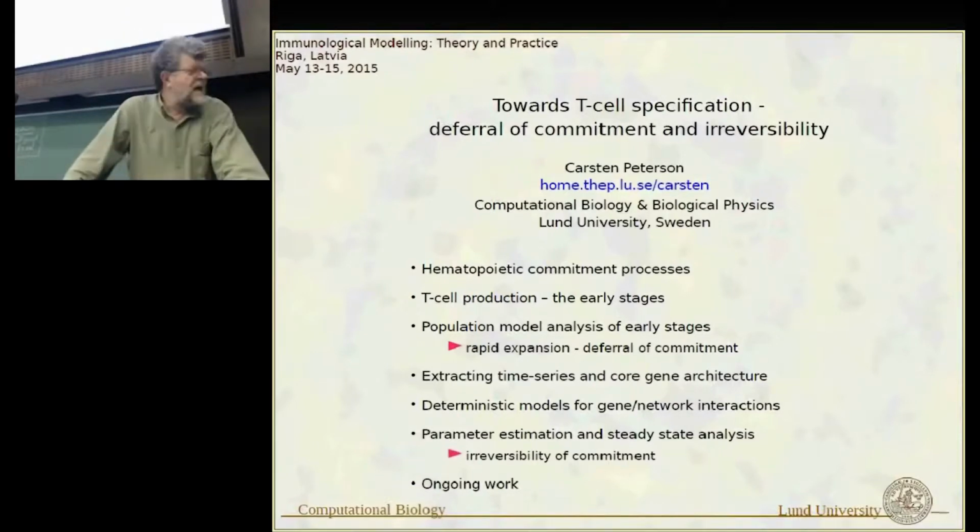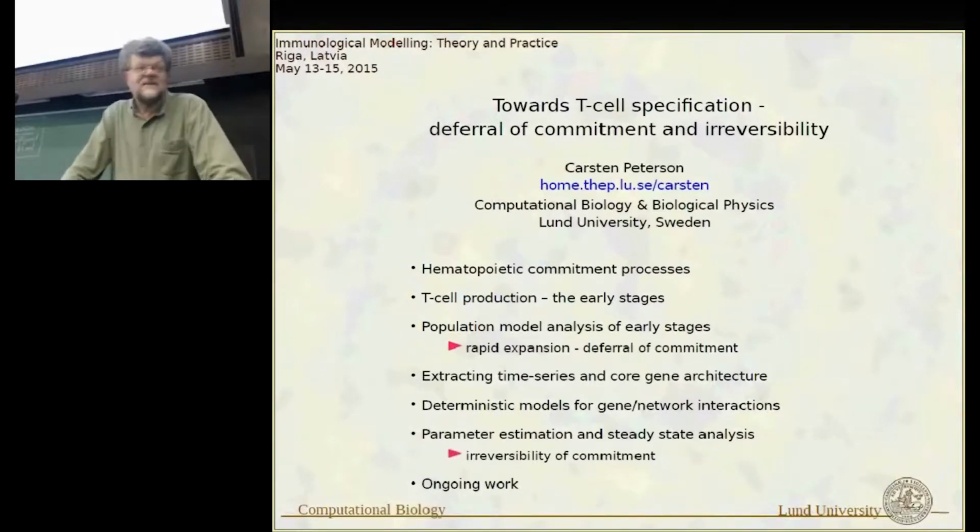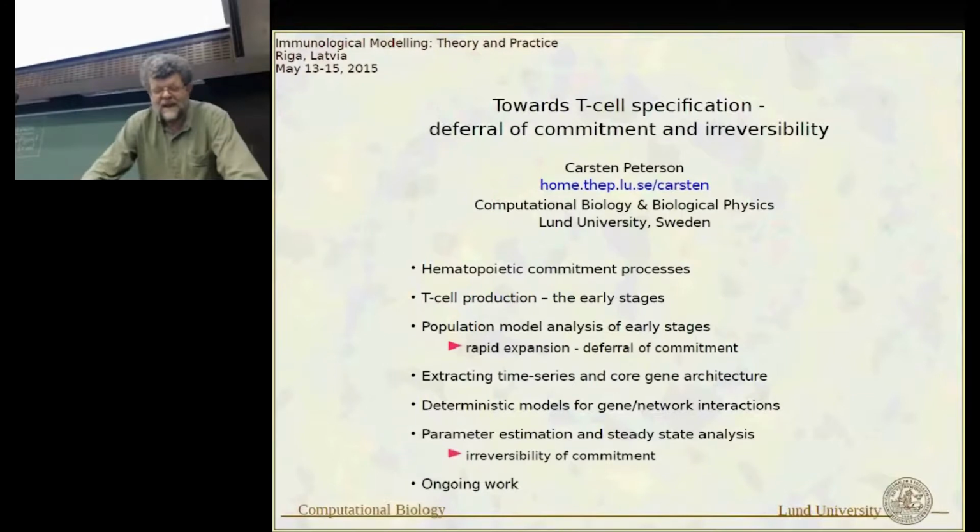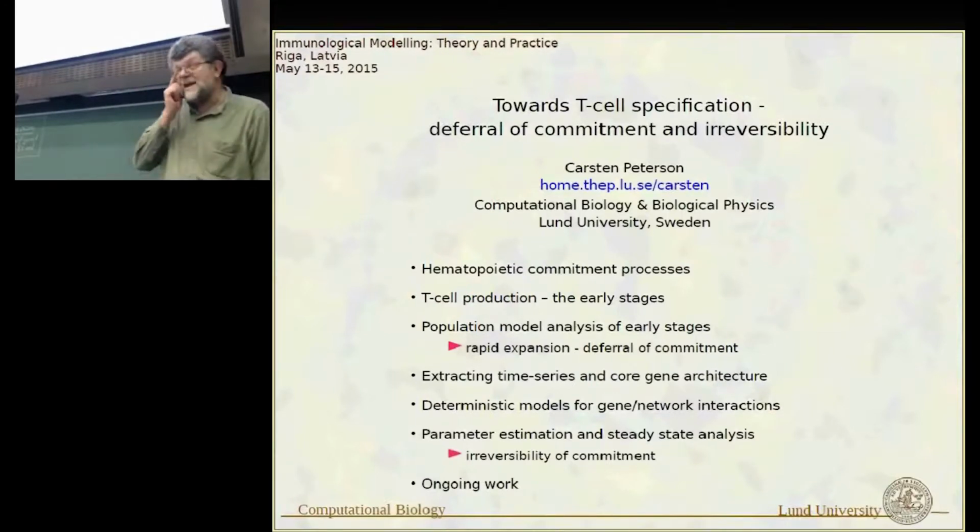So basically, I am interested in production of T cells prior to the issues that have been discussed during this conference. And there are two things that interest me. One is the very rapid expansion in the first stage.